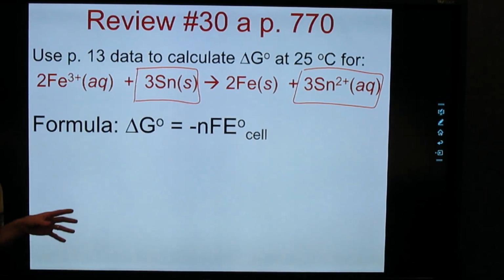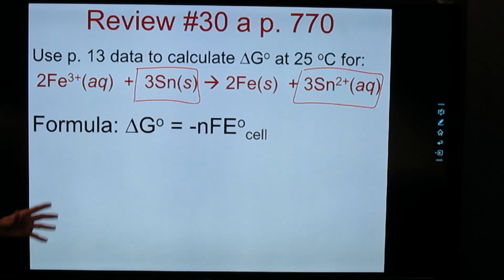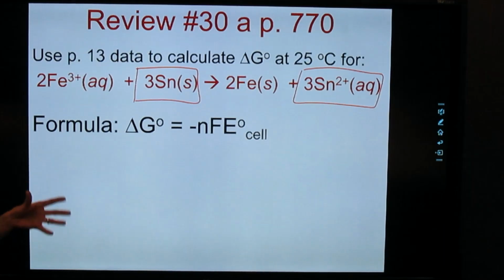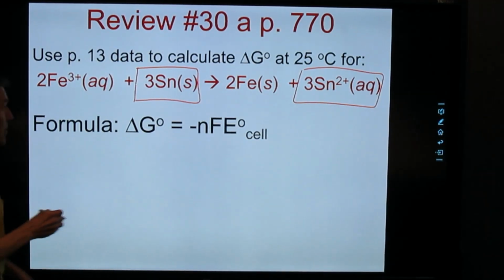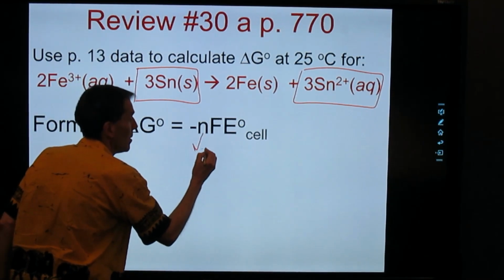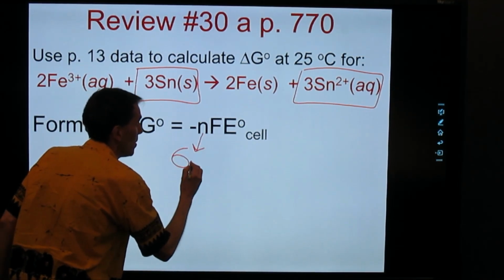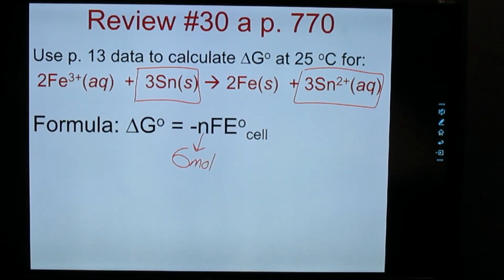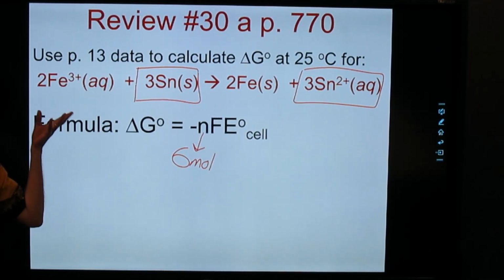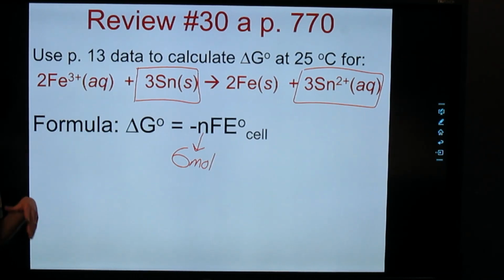They each change by 2. And so 3 times 2 is 6. And so for this balanced equation, n is 6 moles of electrons. F will be a constant, 96.5 kilojoules. If you looked at the F's, you'd get the same thing. You get the 6 because these are balanced.